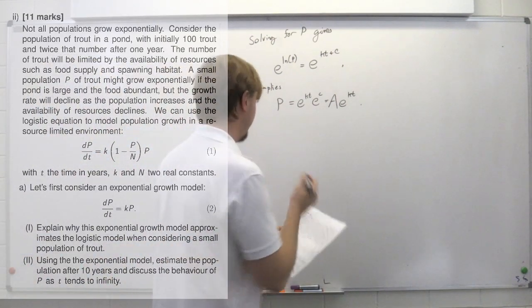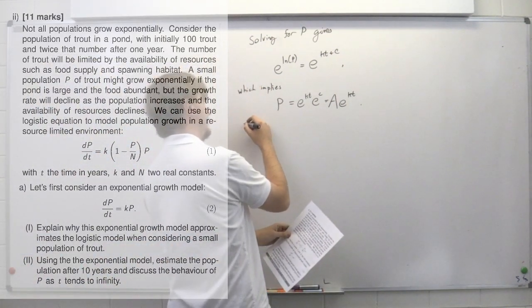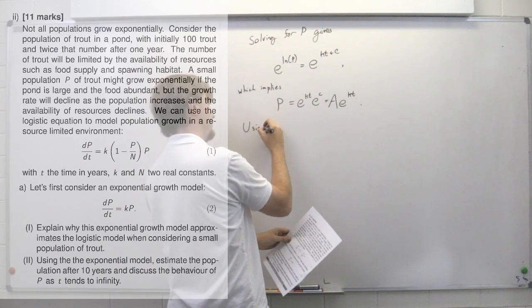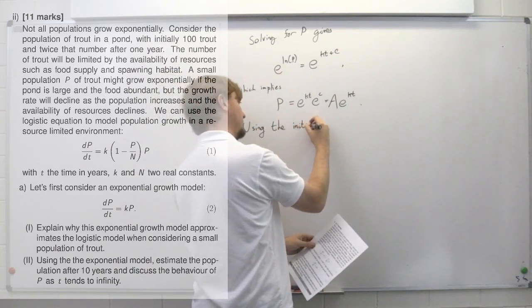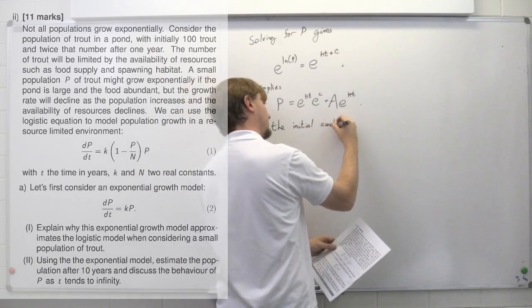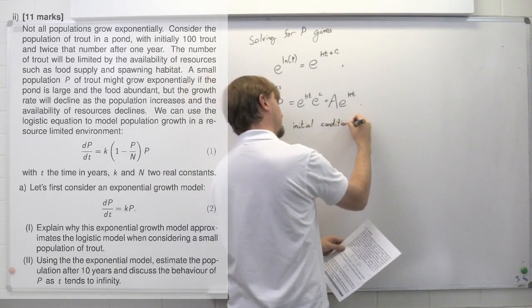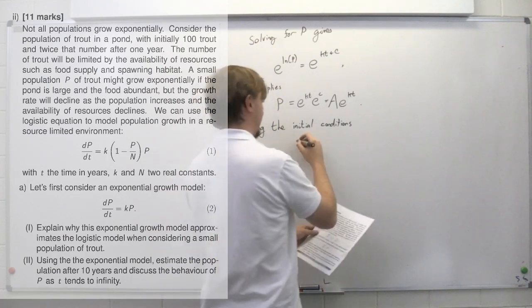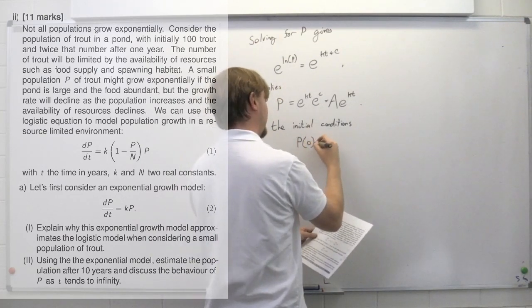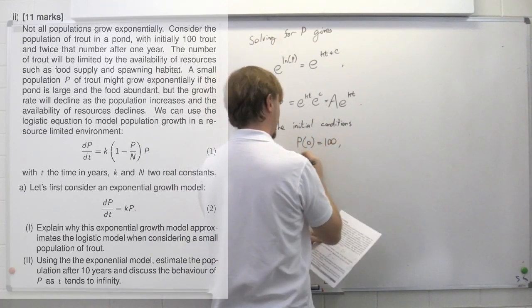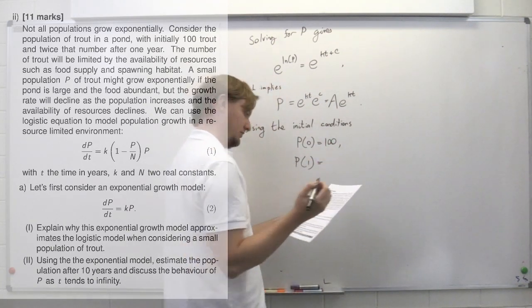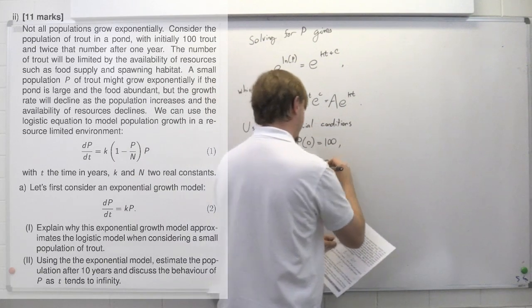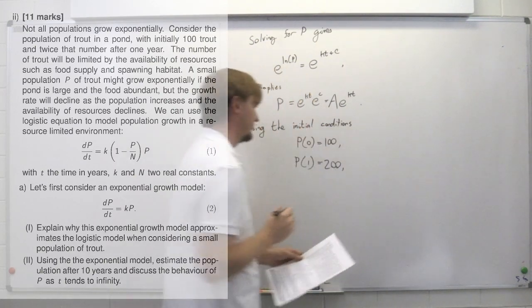So if we're looking at the text, we have the initial conditions. We have that the population initially is 100, and we were told that after 1 year, remembering t is measured in years, we had double the population, which means 200.